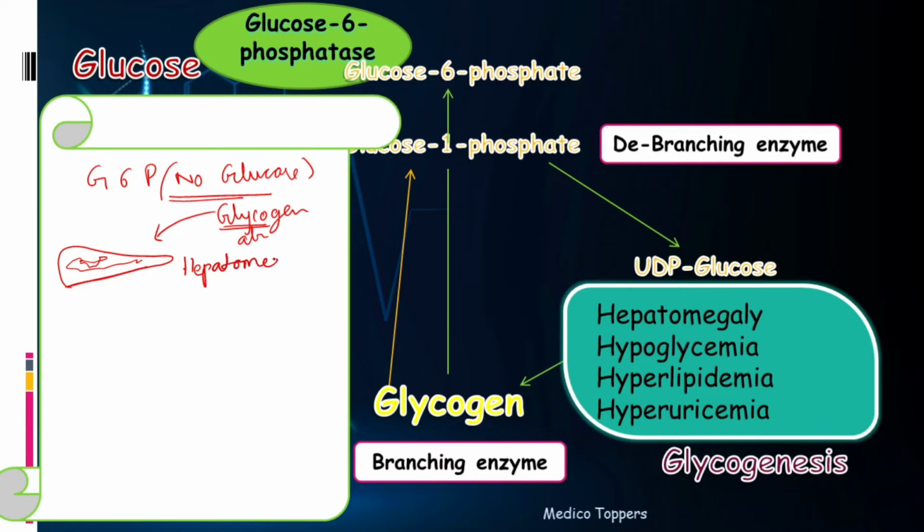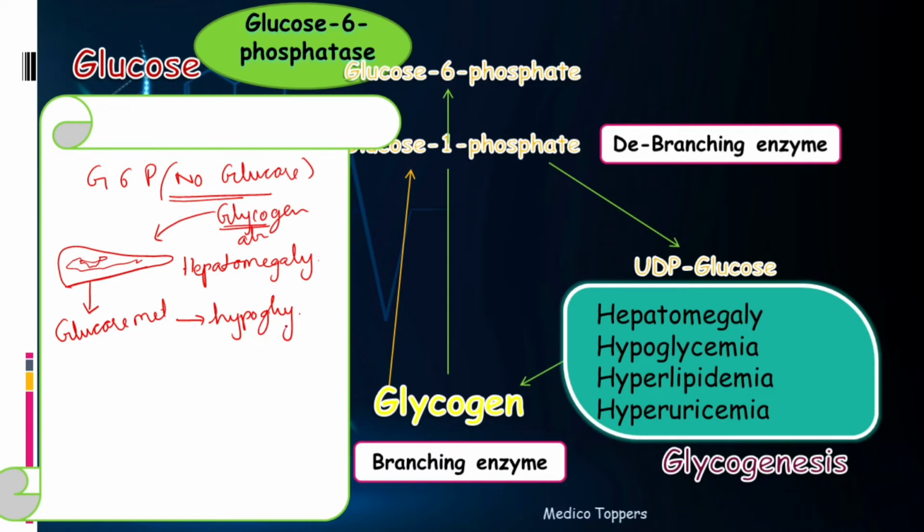So hepatomegaly is formed. Once the liver is affected, since the liver is the main source of glucose metabolism, if there is a problem with glucose metabolism, there will be hypoglycemia.